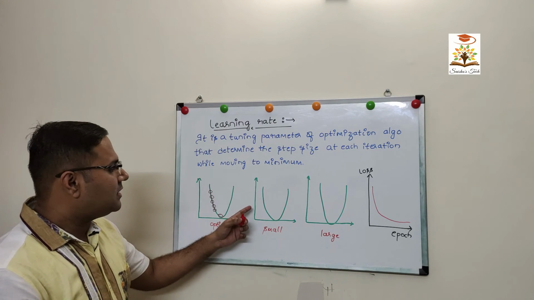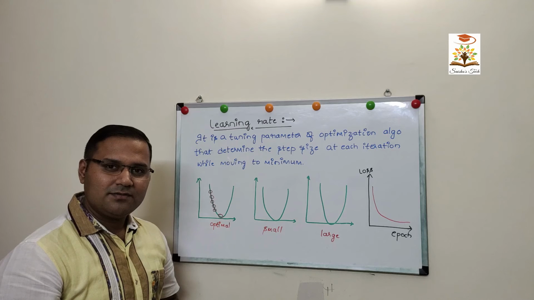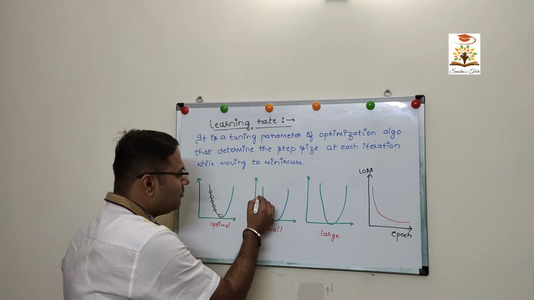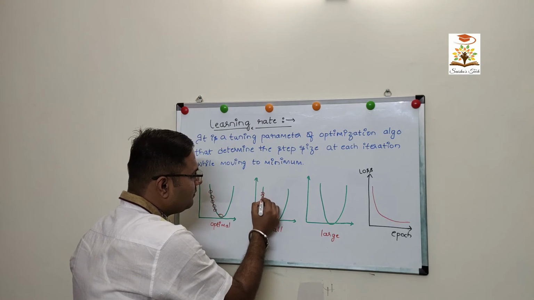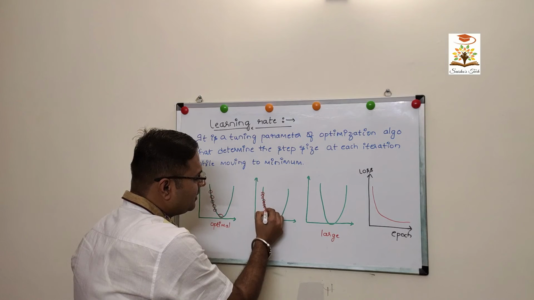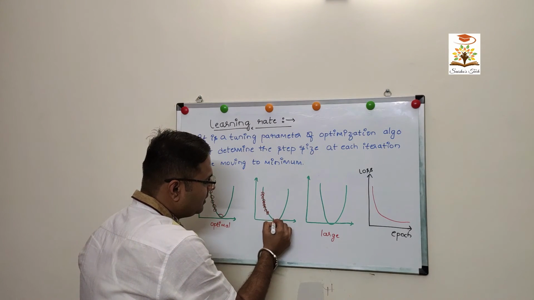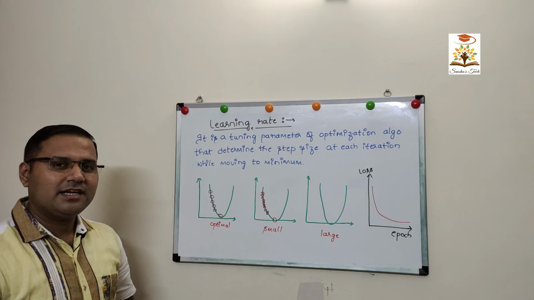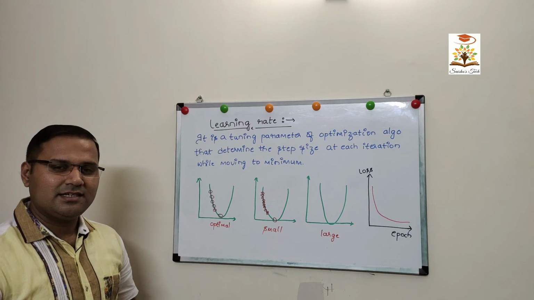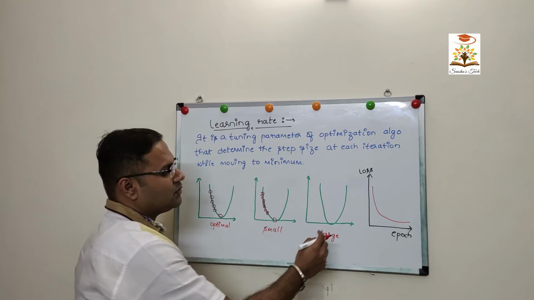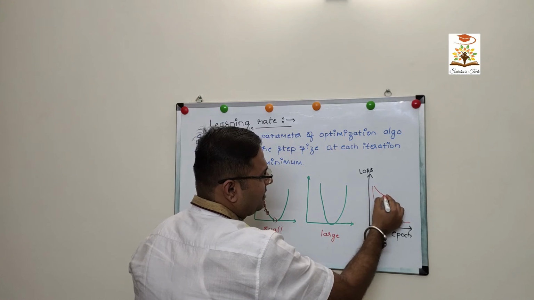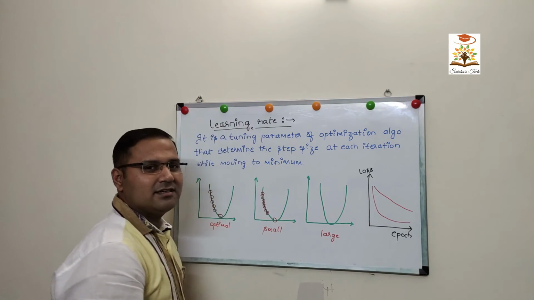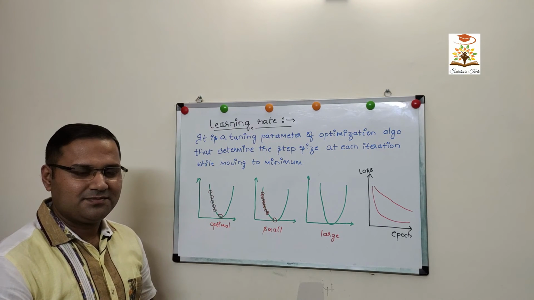If the learning rate is small, then the number of epochs which we require to reach the minima is higher. Here, the loss to epoch function can be represented as a bit higher.